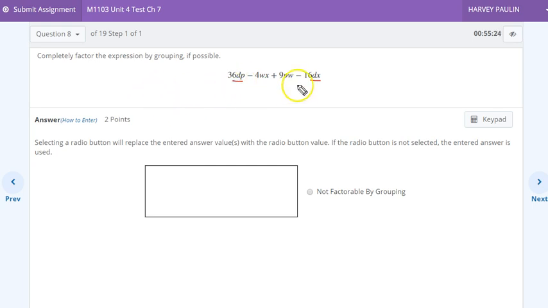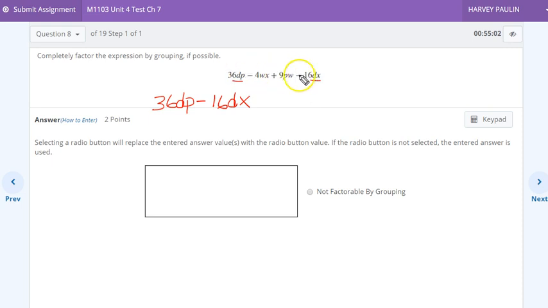So I'm going to regroup these and go 36dp. Then I'm going to take this other term that contains a d, negative 16dx.